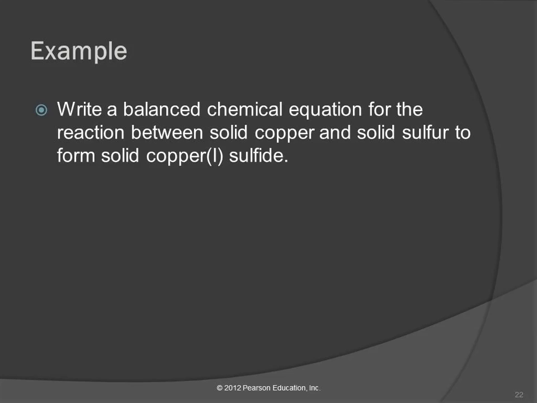Those are elements, right? So one of our reactants is copper. It's giving us the state. So that's a suggestion that we should probably include the state. So copper, solid. That's reacting with sulfur. And it's telling us that that's a solid.